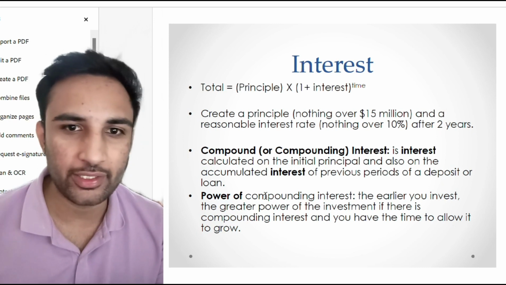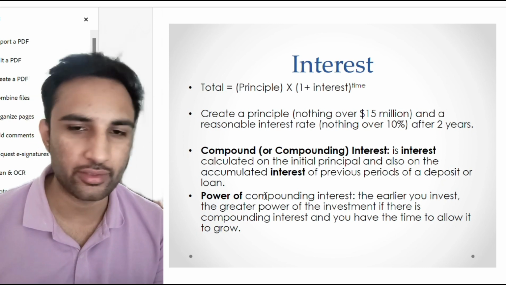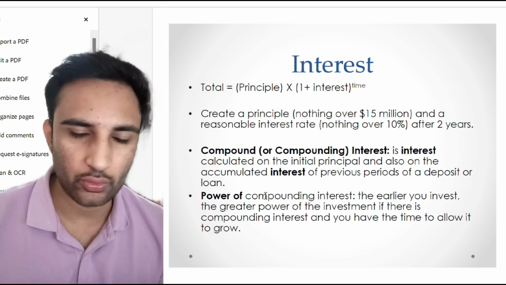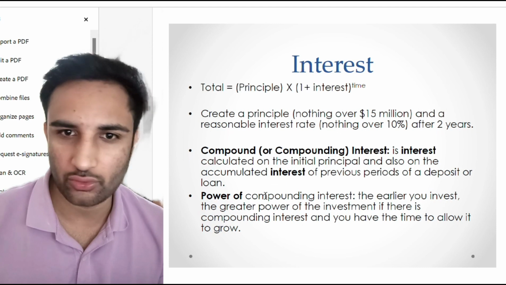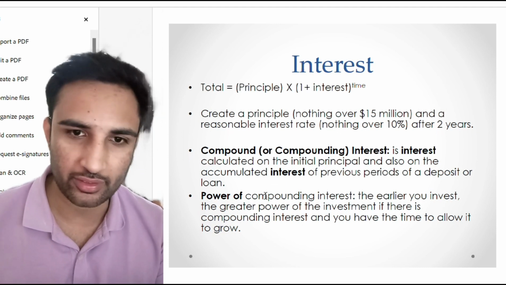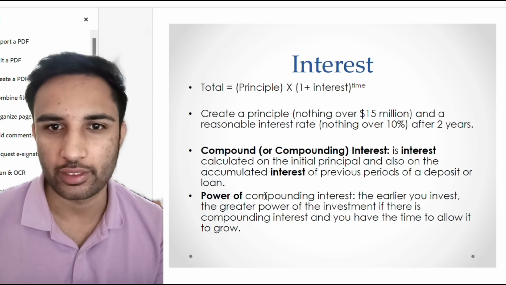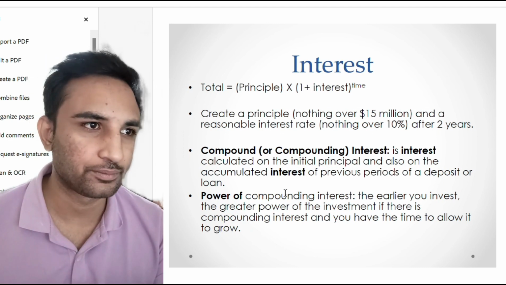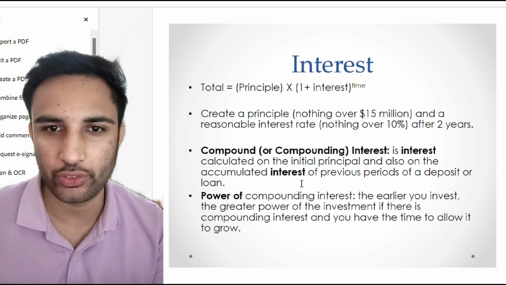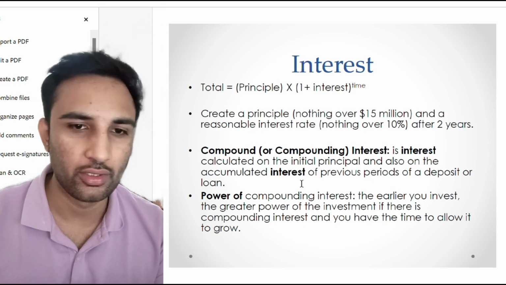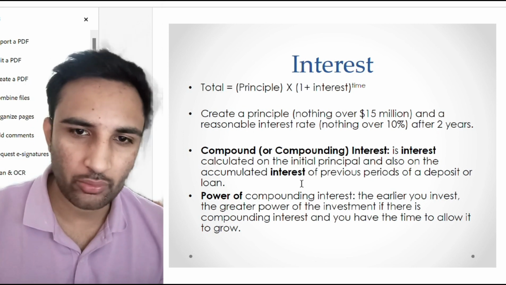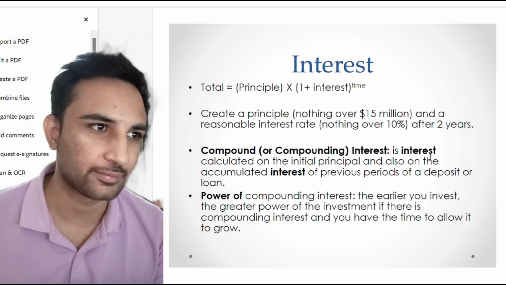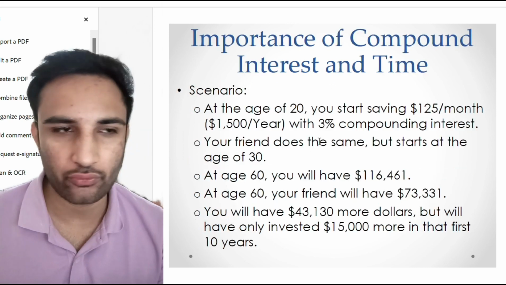For the second year, if the interest is compounded, you will earn 4% interest on the $1,000 plus 4% interest on the $40 that you gained from the previous year. That will be $1.60 something. So the total amount after 2 years will be $1,081.60. This is the power of compounding.